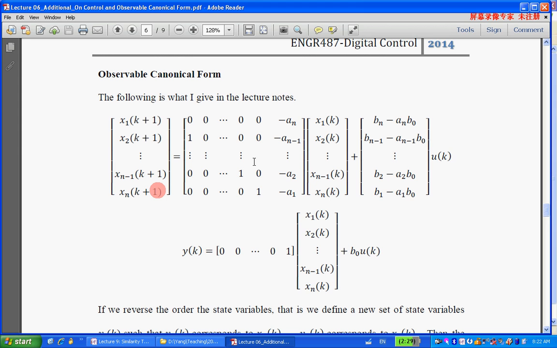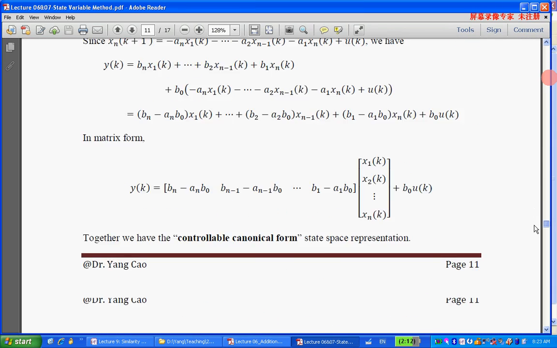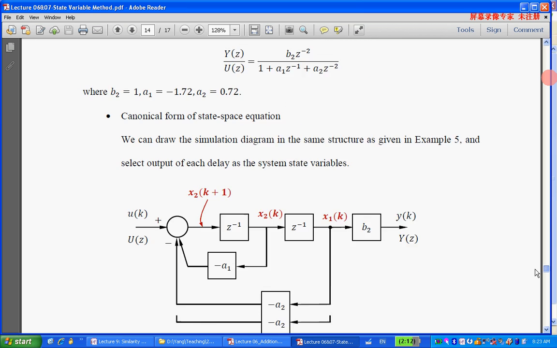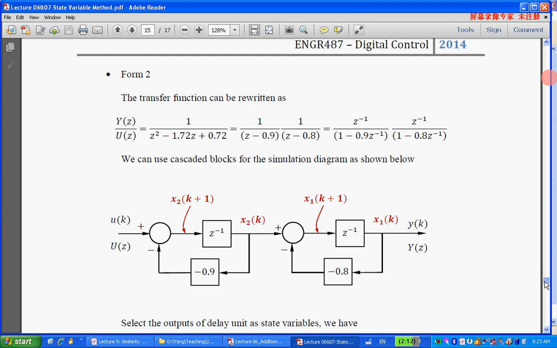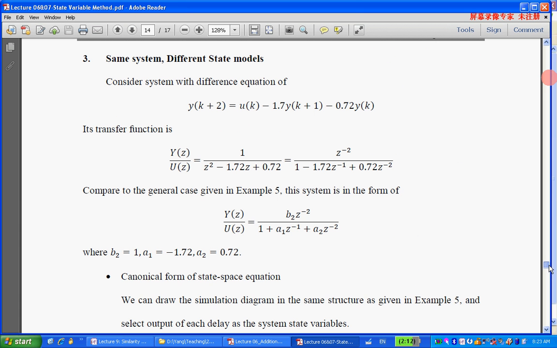Now there are different other ones there. In the lecture notes, I didn't really go over all the details, but at the end there are a couple of examples here. Let's say this is your Z-transfer function.